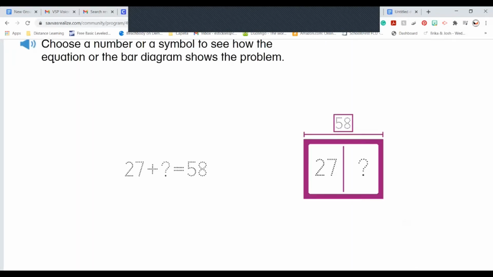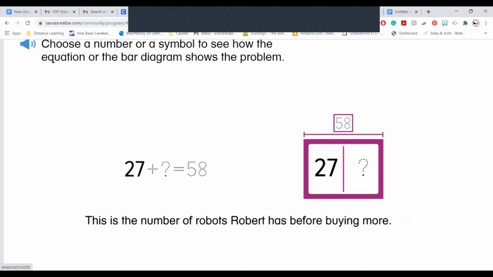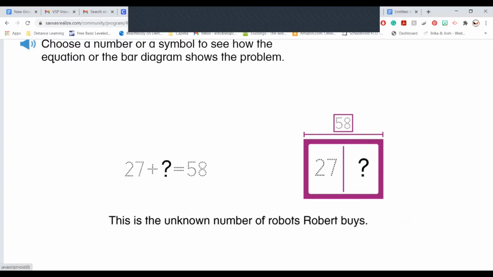It says choose a number or symbol to see how the equation or the bar diagram shows the problem. So if I choose 27, this is the number of robots Robert has before buying more. If I choose the unknown number, this is the unknown number of robots Robert buys. And I can also choose the total.